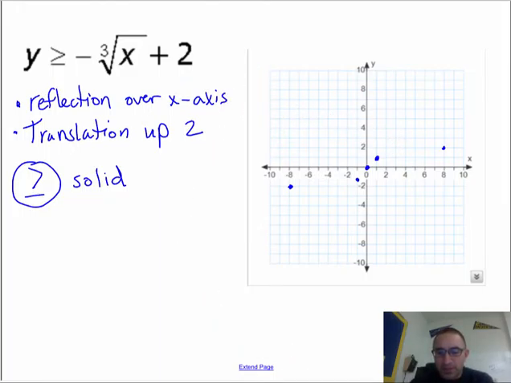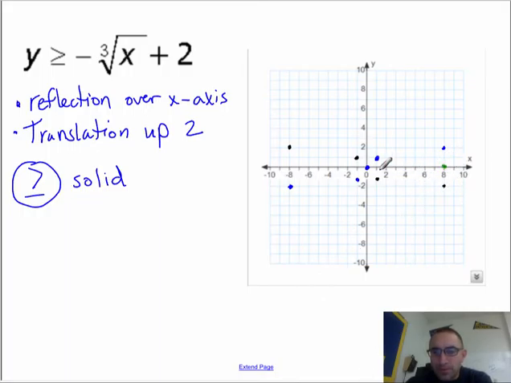So I'm going to do this one without a table. Each one of these points is going to be reflected over the x-axis. +2, -2. This one's going to come down here. -1, +1, +2. And then I'm going to move every point 2 up.